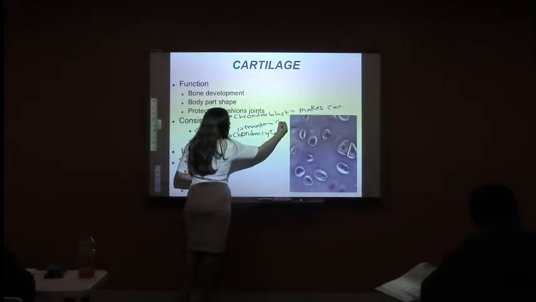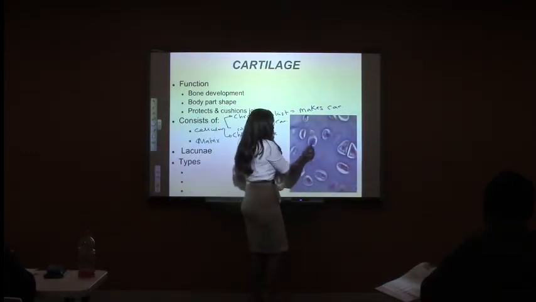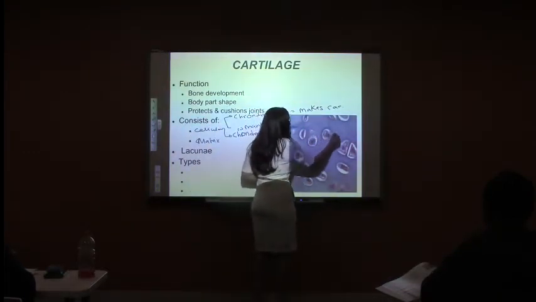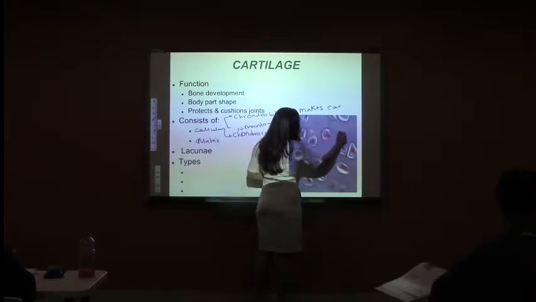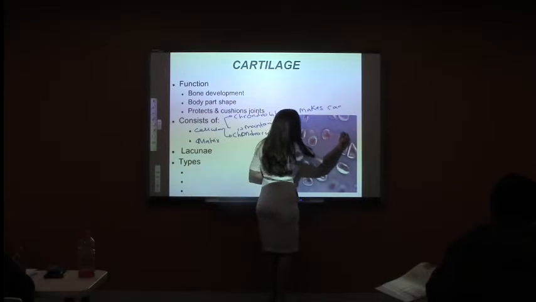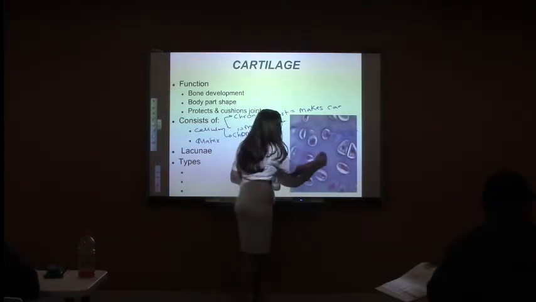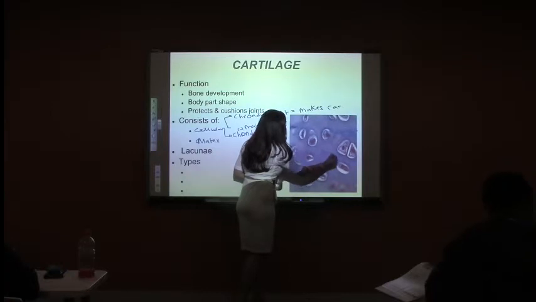Maintains cartilage. So right here, these red cells are chondrocytes. Can you read that? Chondrocyte. And this purple is a matrix.